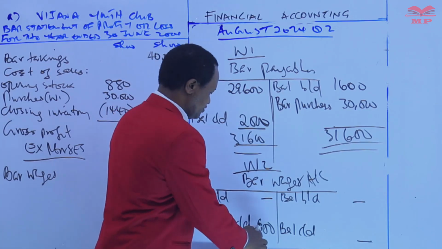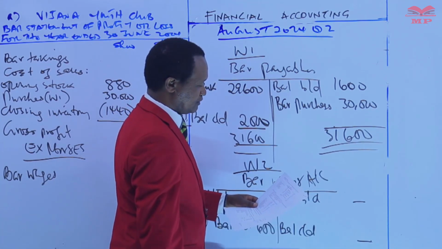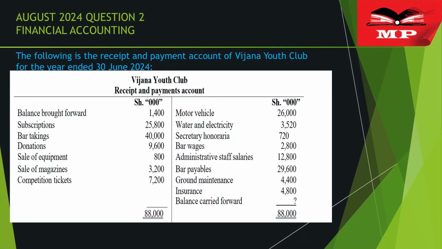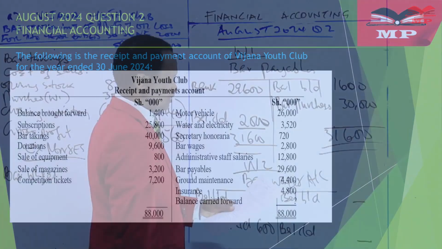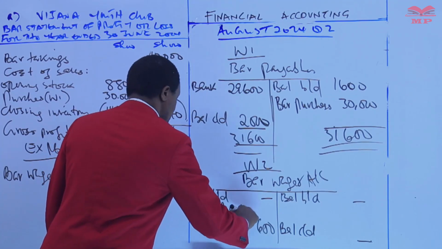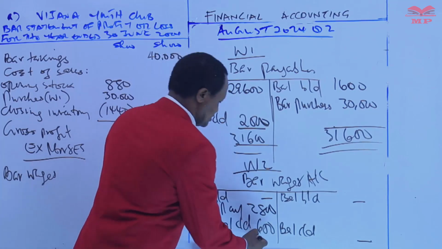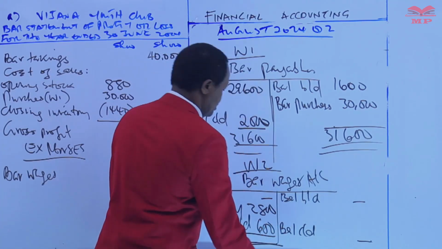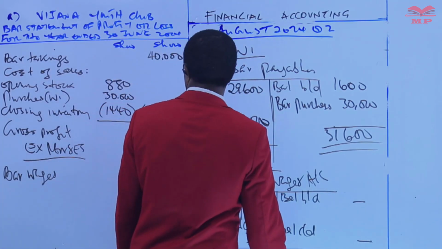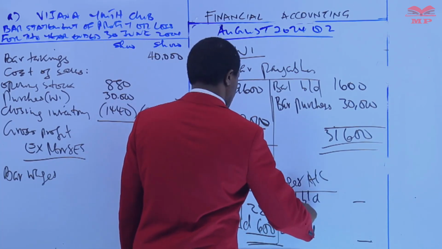So we have 600. Then look at the receipts and payment, bar wages. You can see that 2.8 million. That means that the bank was credited and bar wages was to be debited 2.8 million with the receipts and payments of 2.8 million. So any balancing figure on this account is to be debited in the bar profit and loss account.